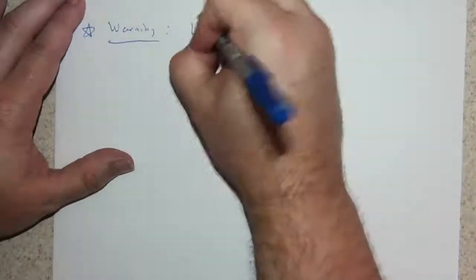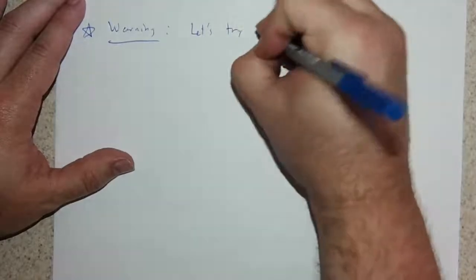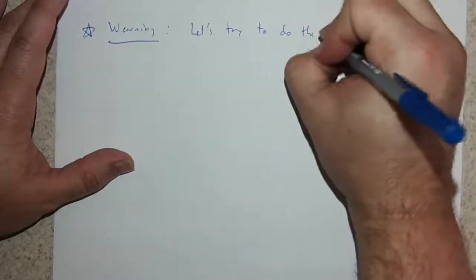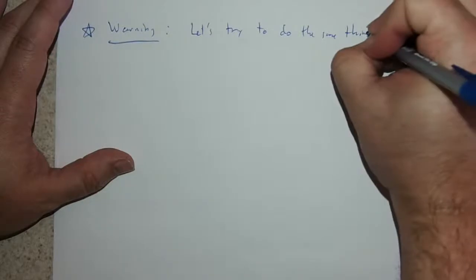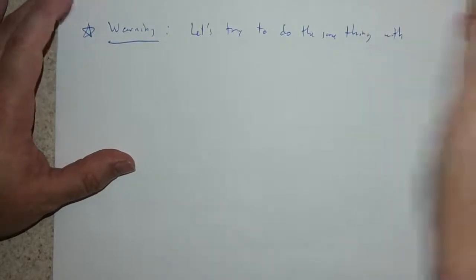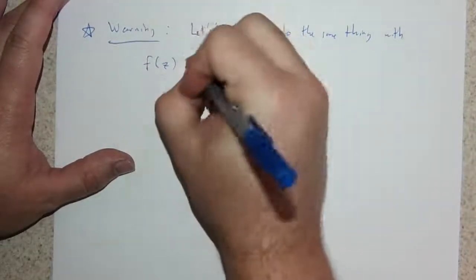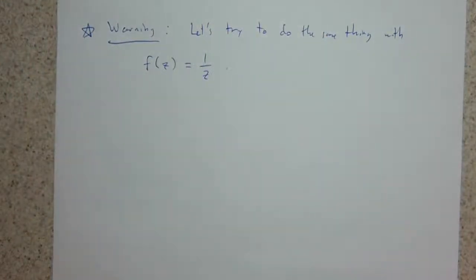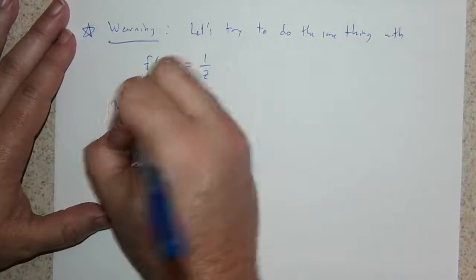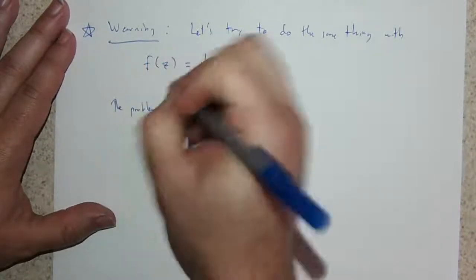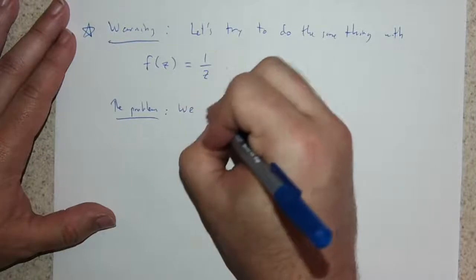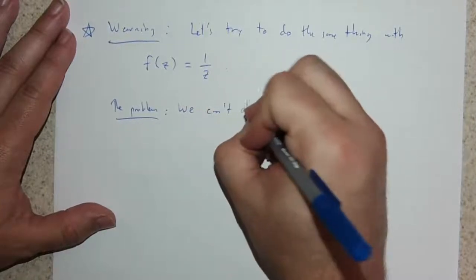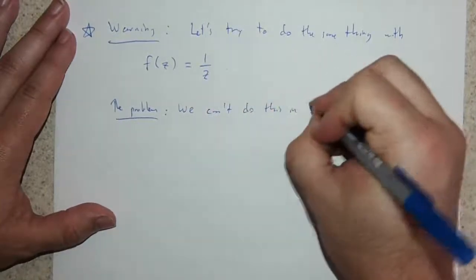Let's try to do the same thing with f of z, which is 1 over z. The problem is that we can't do this in the usual way.